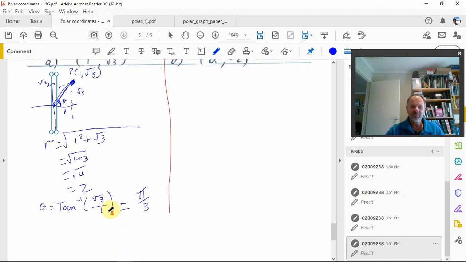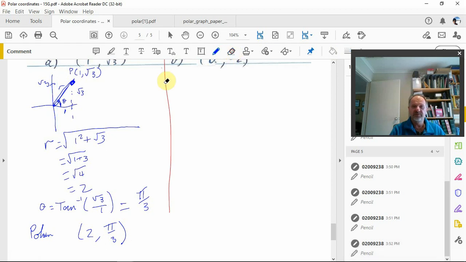So one representation of this in polar form is the radius 2 and the angle pi on 3.